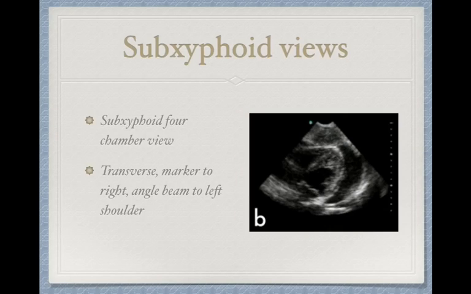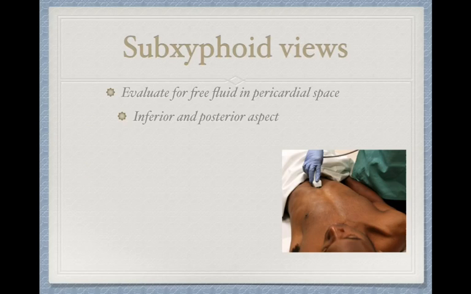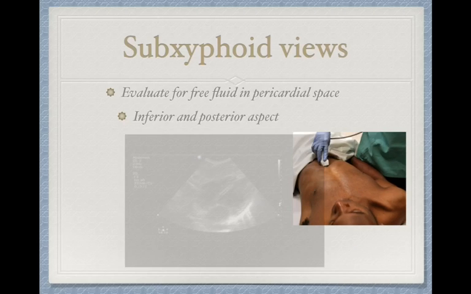And when we're assessing for free fluid, we're going to be looking for pericardial effusion. So in this example, there's a pericardial effusion right here. In the setting of trauma, that's obviously going to be very important for your surgeon to know. So just to get a little bit of the anatomy down for these subxiphoid views here.